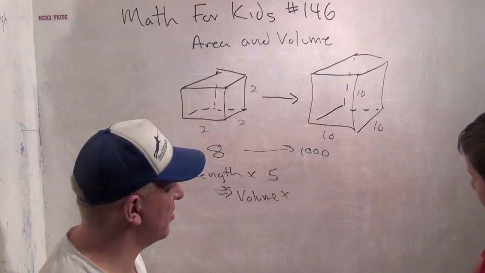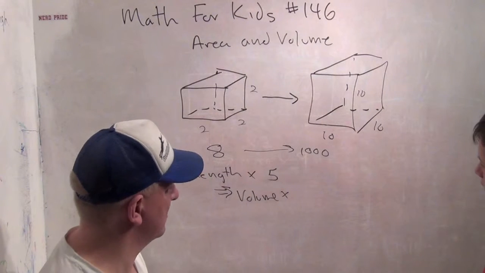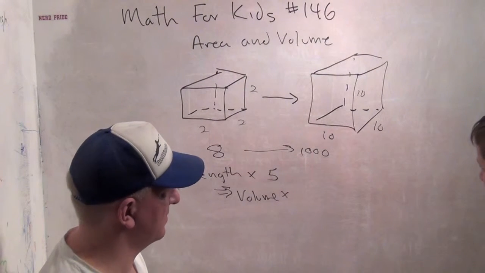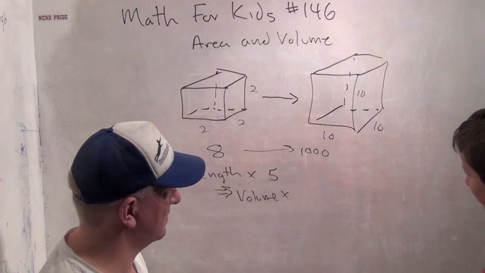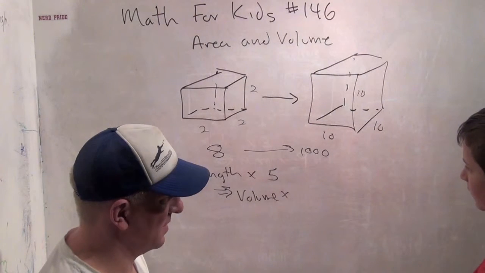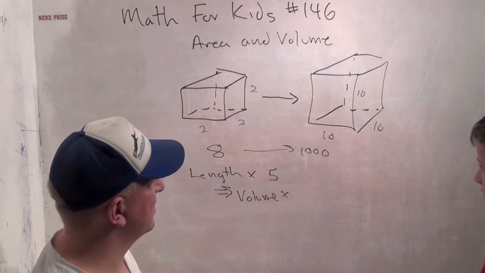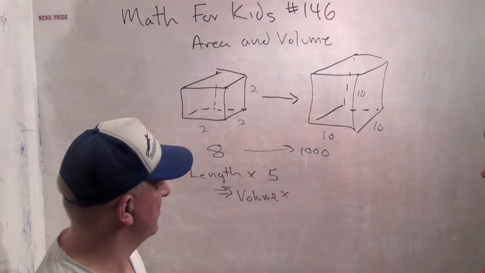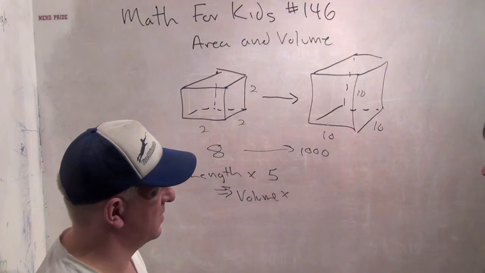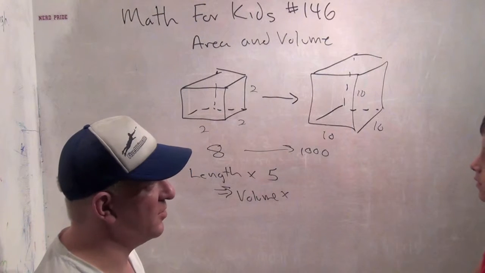What did the volume multiply by? Not 25. 5 cubed, which is 125.